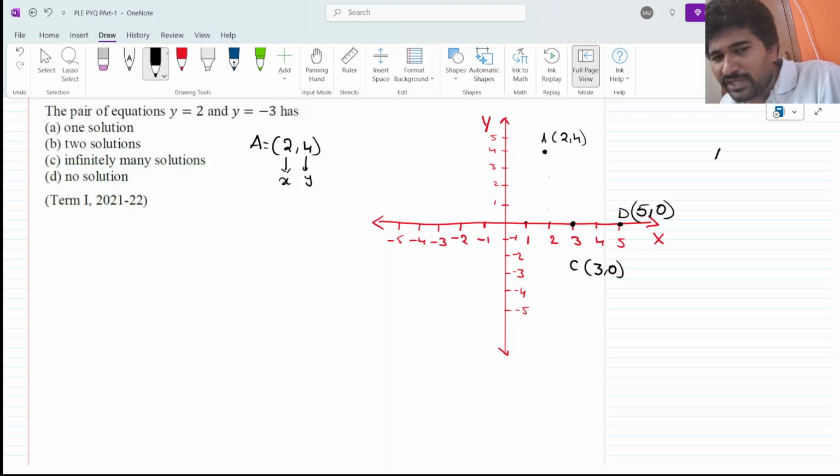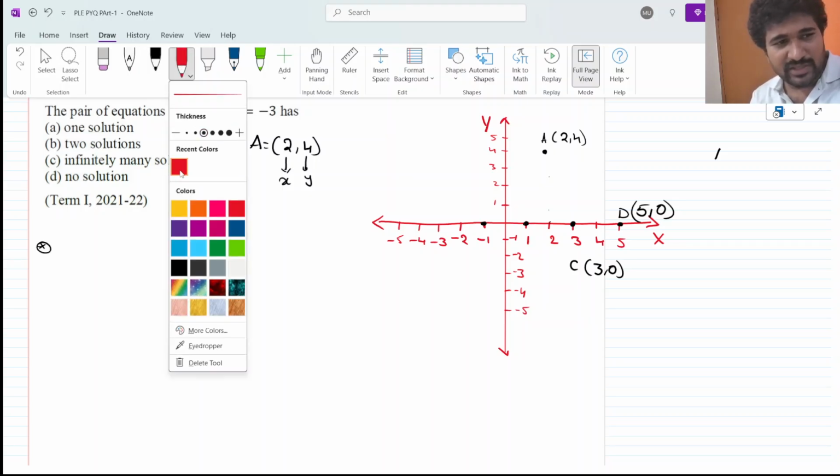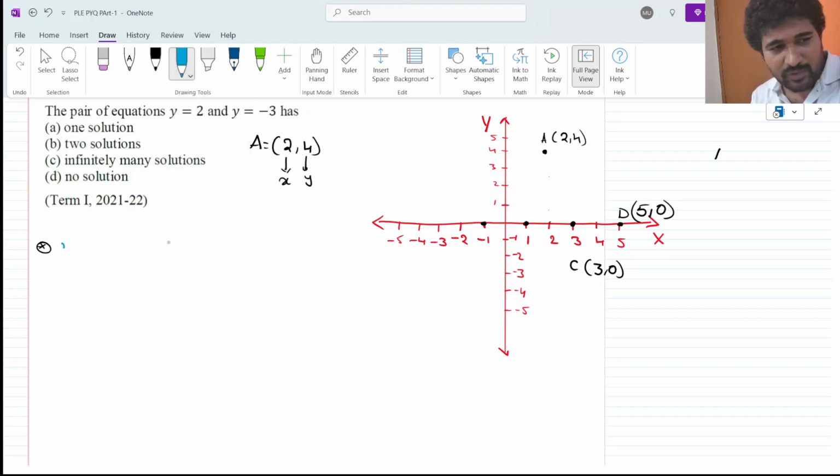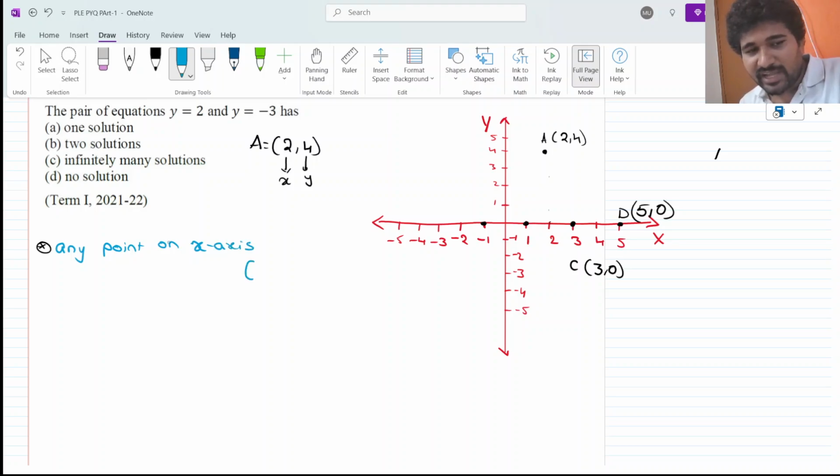Any point on the x axis. I want to write this statement and note it down. What is that statement? Any point on the x axis, if I write, they are having like 1, 0 or 3, 0 or minus 2, 0 or 5, 0.